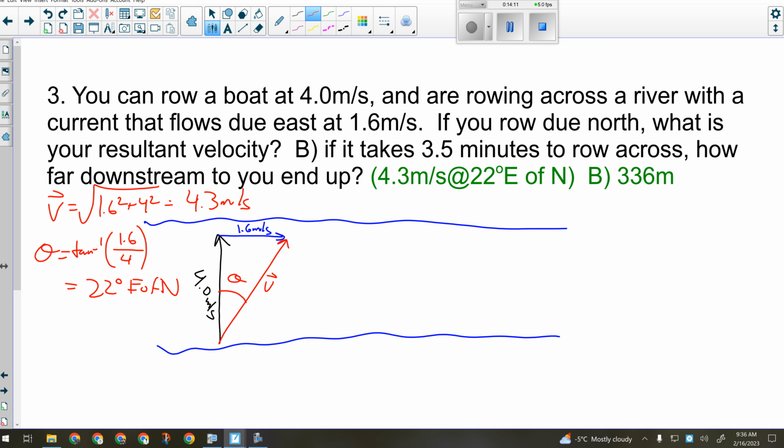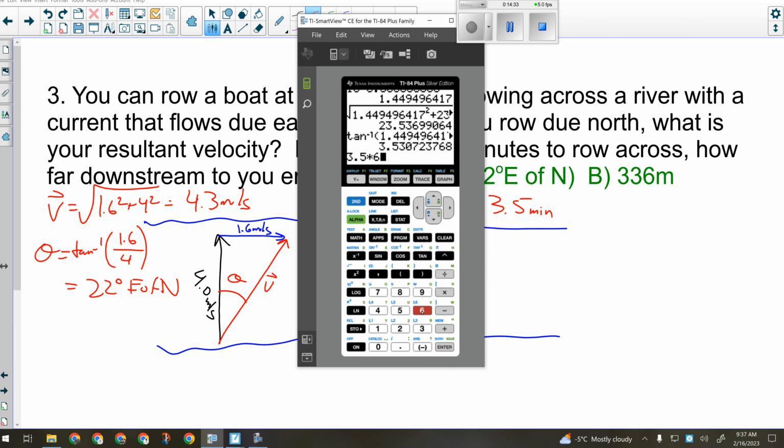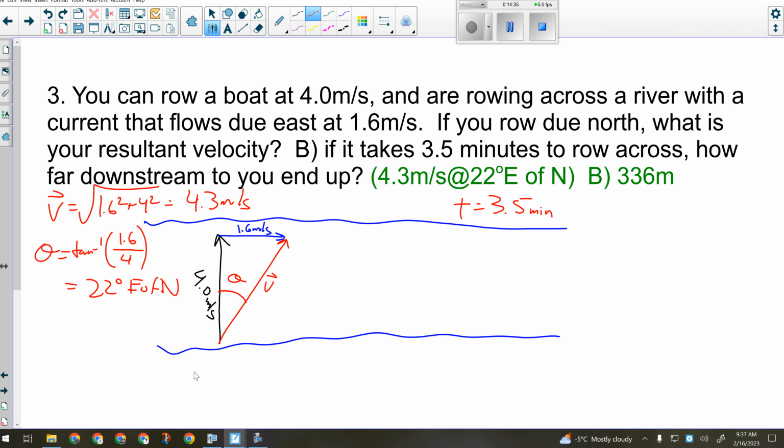Now, it tells me that it takes me 3.5 minutes to row across the river. So it's telling me that the time is 3.5 minutes. What do I probably want that to be in? Seconds. Okay, so we'll just quickly do that. All right, so it takes me 210 seconds to cross the river.